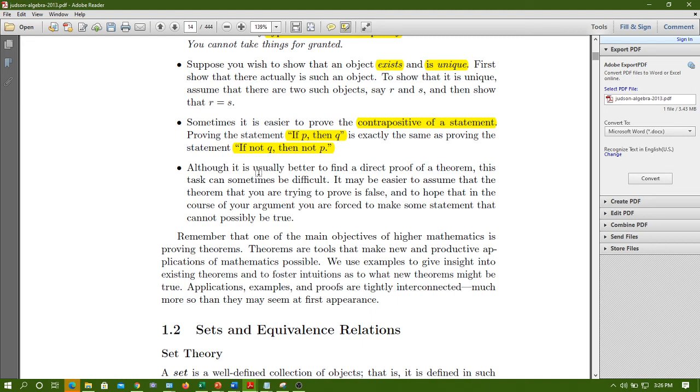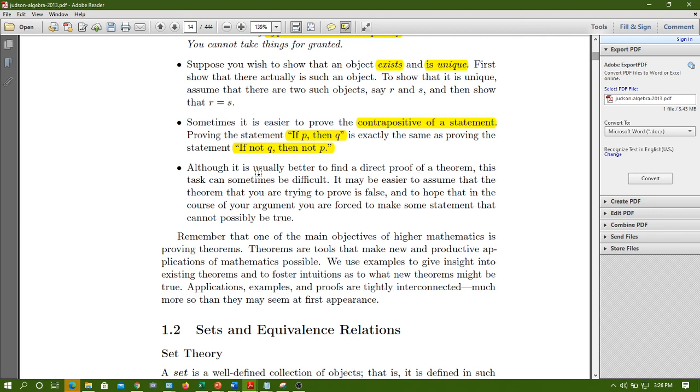It may be easier to assume that the theorem that you are trying to prove is false and to hope that in the course of your argument you are forced to make some statement that cannot possibly be true.